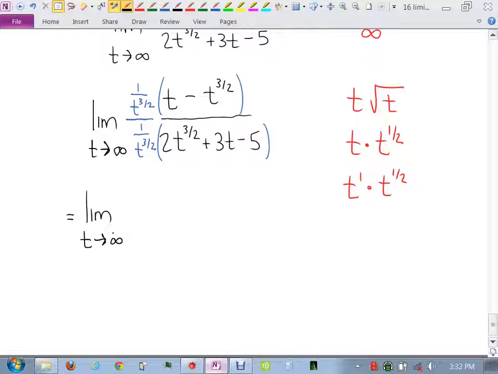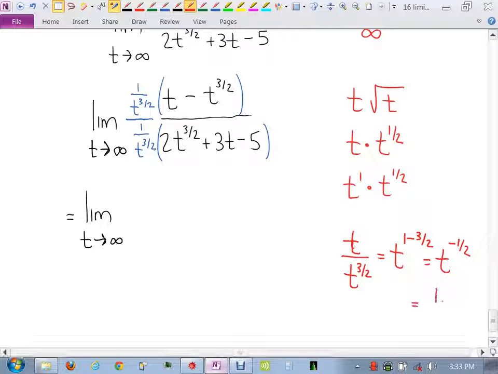Top left. t over what? t to the 3 halves, which is what? t over t to the 3 halves is the same as t to the 1 minus 3 halves, which is t to the negative 1/2, which is 1 over t to the 1/2.